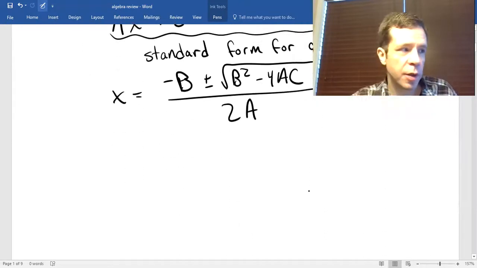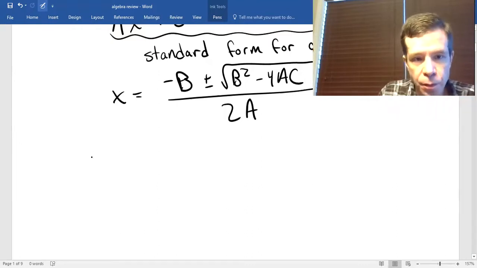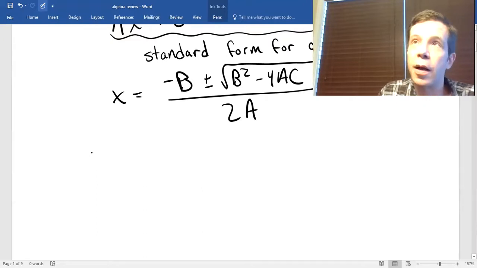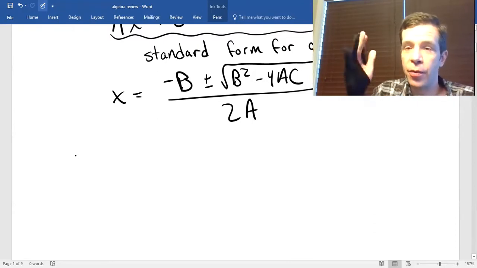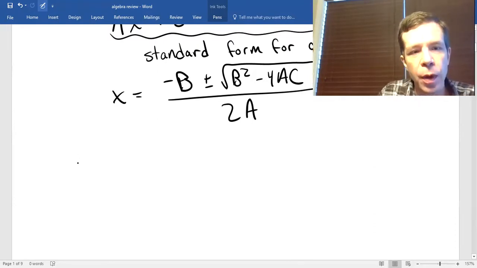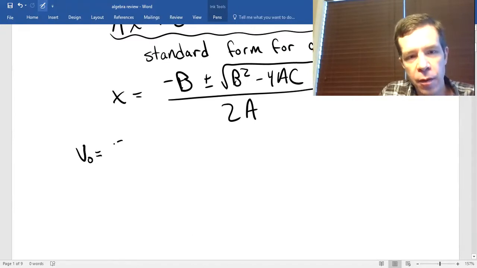So what are we actually looking at here? Let's throw something in the air. So I'm going to have an initial velocity of 5 meters per second.